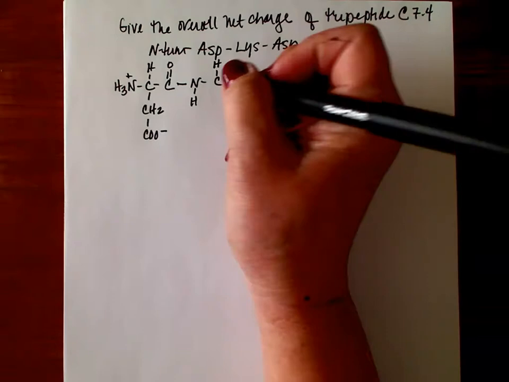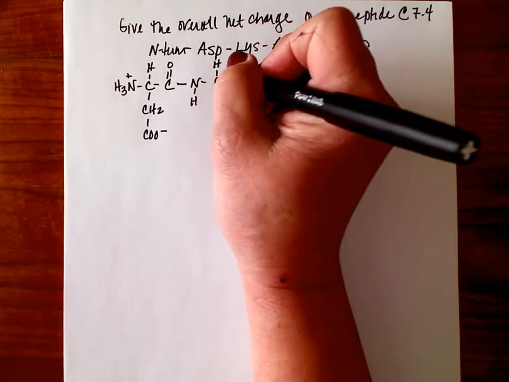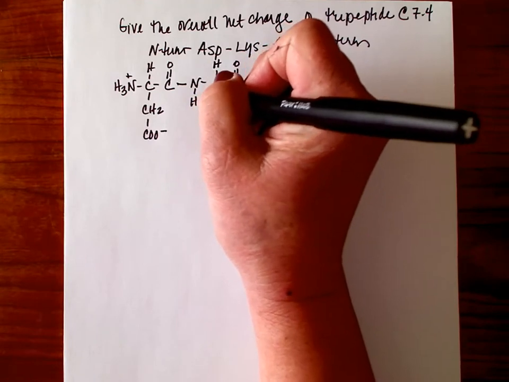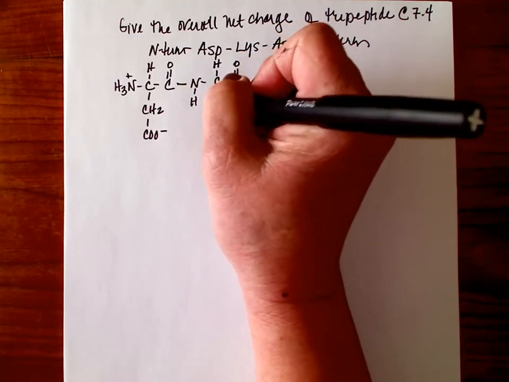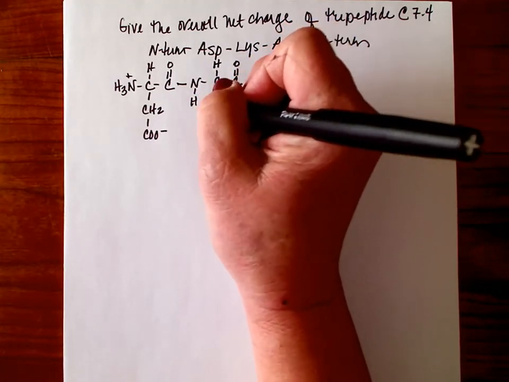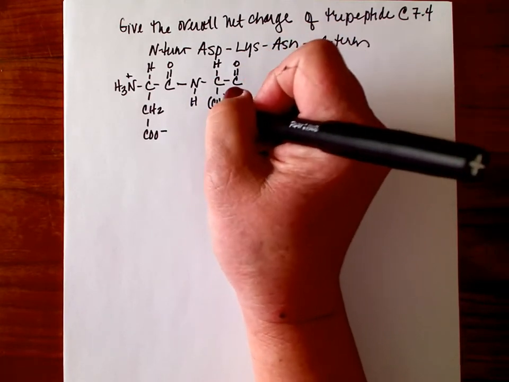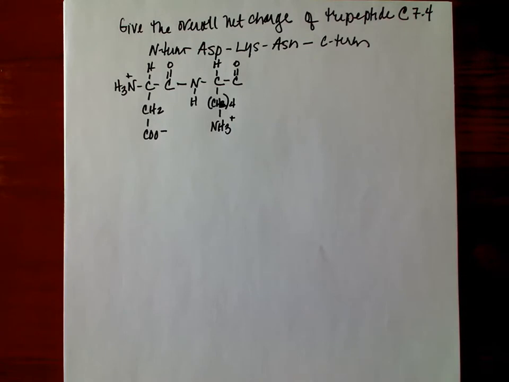Next, we have lysine with three or four methylene groups, and its amino group will be protonated.